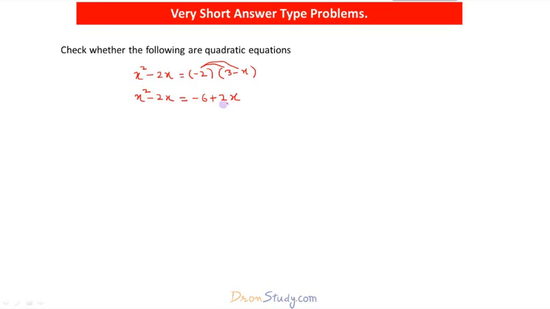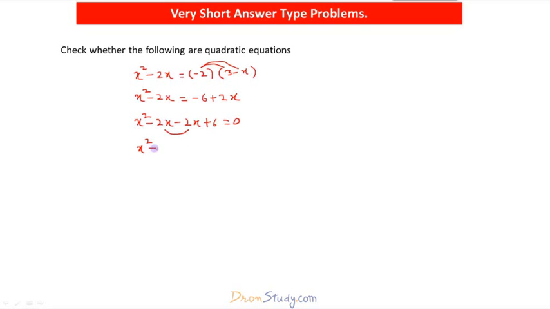Now take this minus 6 and 2x to the other side, so it will be x square minus 2x, this 2x will become minus 2x, this minus 6 will become plus 6, which is equal to 0. Now these two are like terms, both have minus sign, so we will add them.